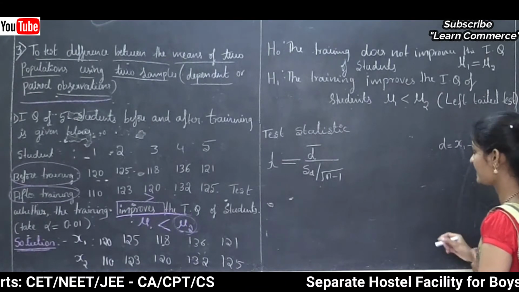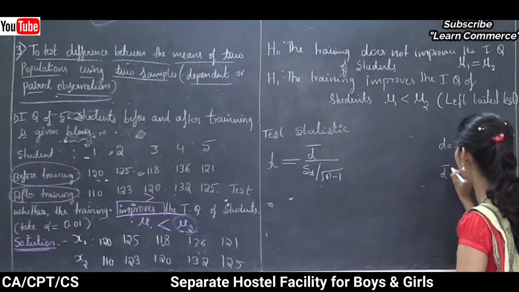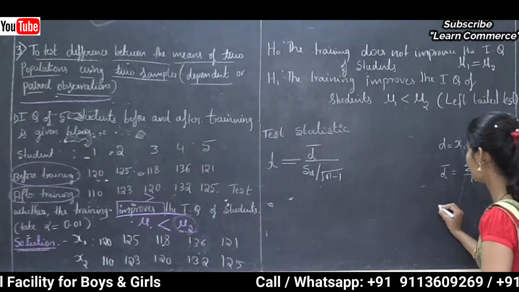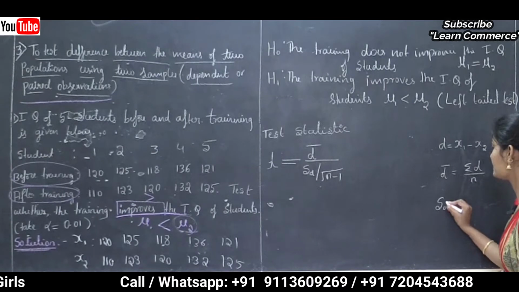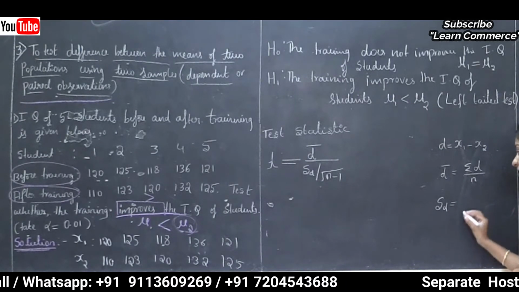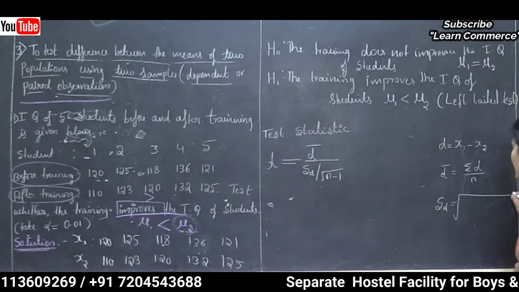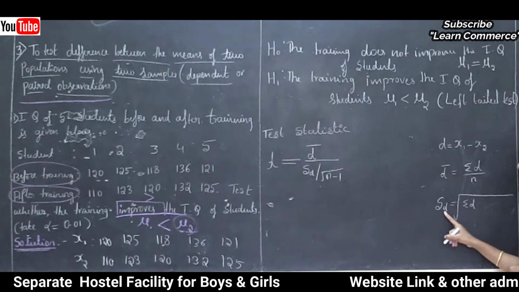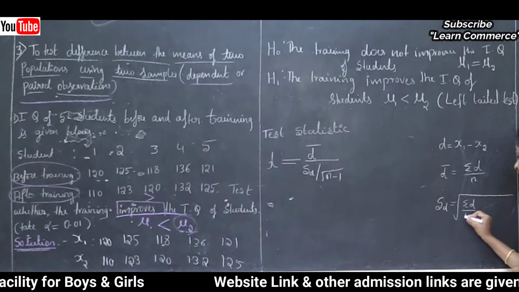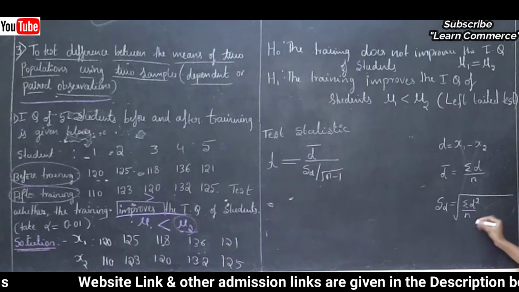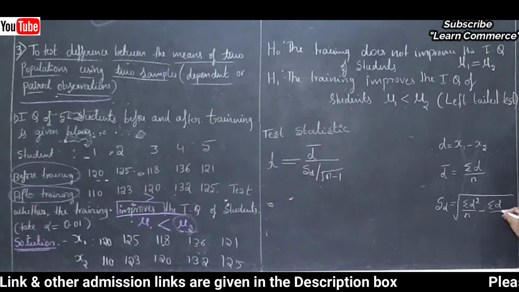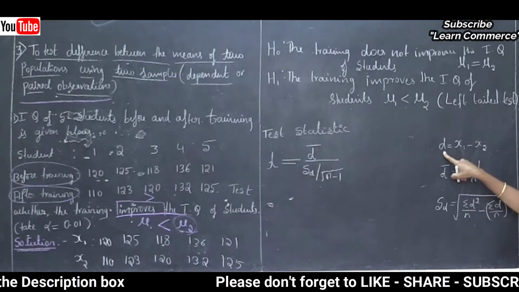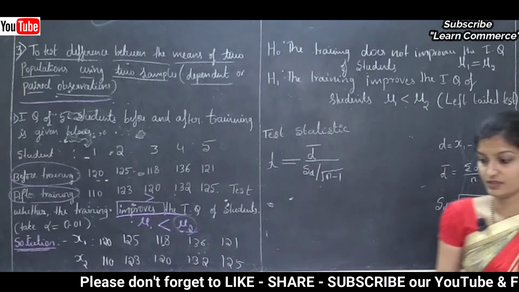The formula to calculate d bar is summation d divided by small n. SD is the sample standard deviation, and its formula is the square root of summation d squared divided by n minus summation d divided by n, whole squared. So first I will find d for this one, that is the difference.